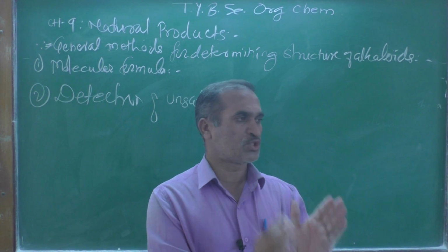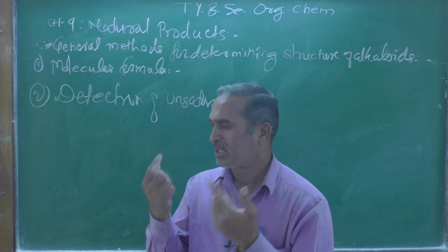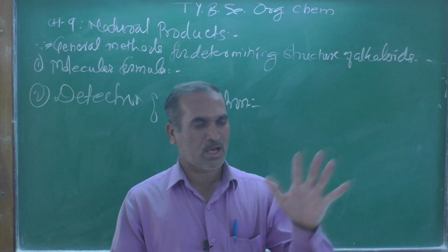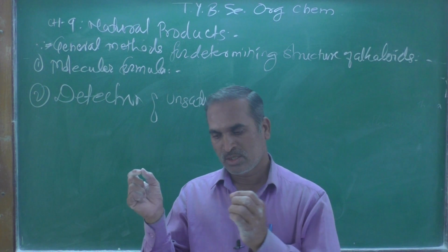By using these two methods, we completely know how many carbon-carbon double bonds are present in the unknown alkaloid.